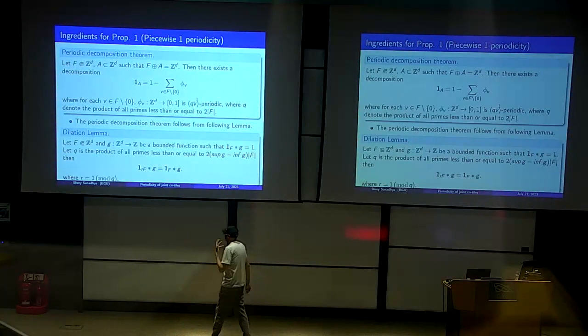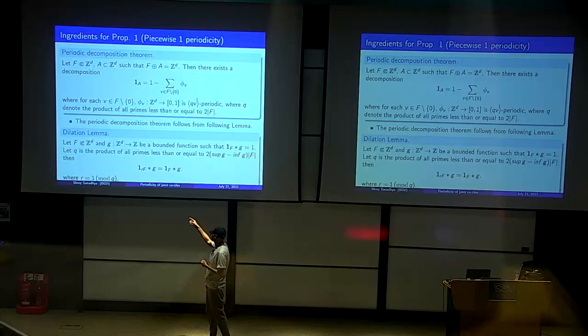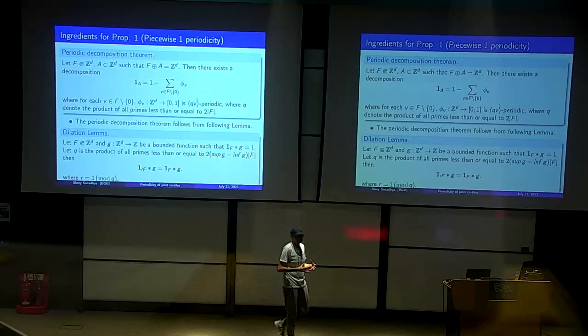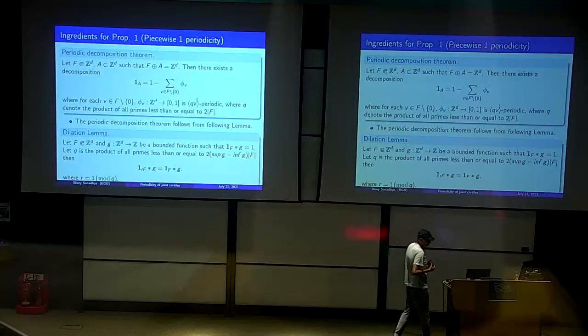The dilation lemma just says that if F is a finite set and G is a functional cotile, so this means that 1F convolved with G is 1, and Q is the constant which I have explained, then for every R where R is 1 mod Q, if I dilate my tile with R, then G is also a cotile for this dilation. So using this dilation lemma in a clever way, we prove the periodic decomposition theorem.